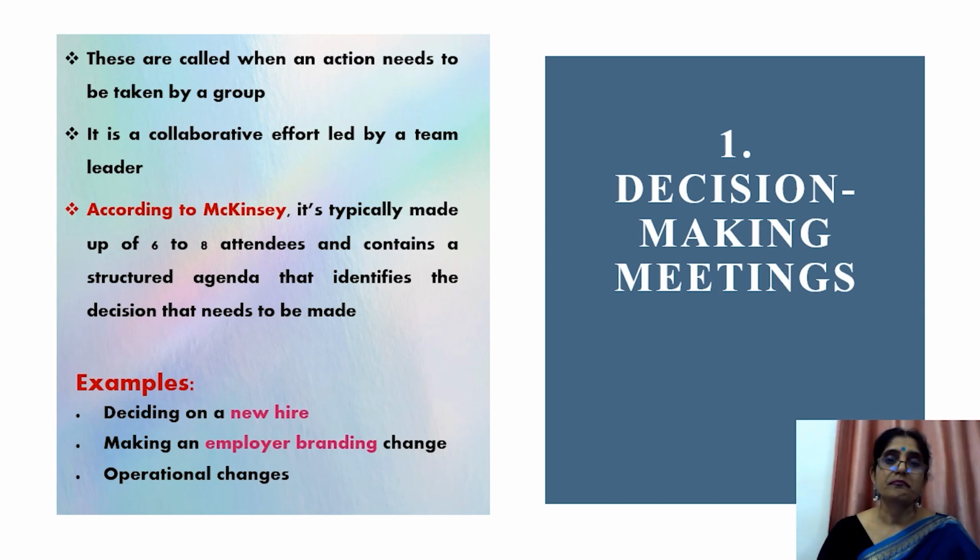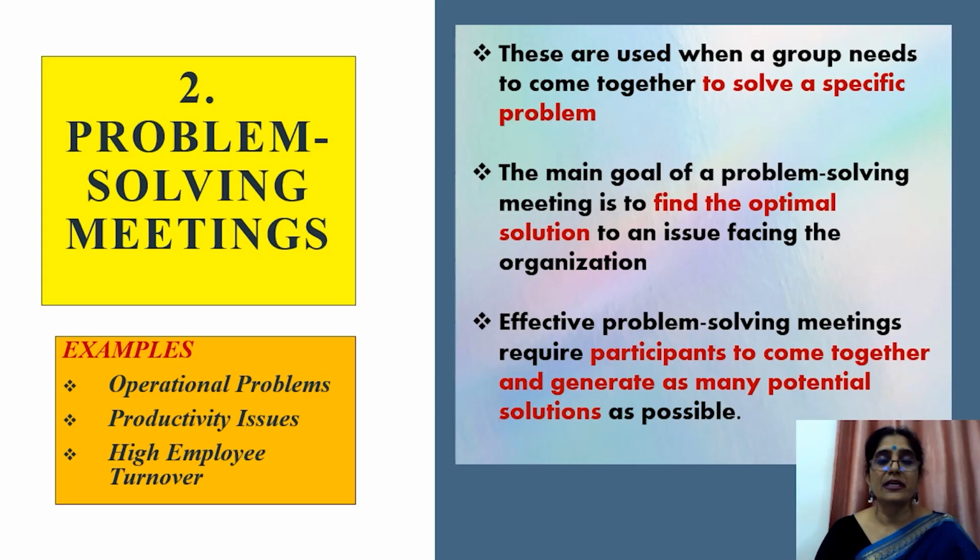Second type of meeting is problem-solving meetings, and they are used when a group needs to come together to solve a specific problem. The main goal of these problem-solving meetings is to find the optimum solution for that specific problem.